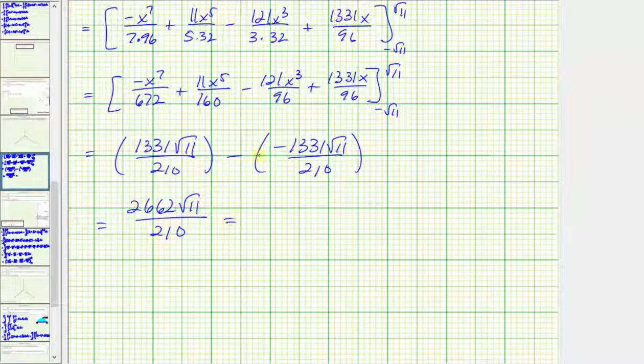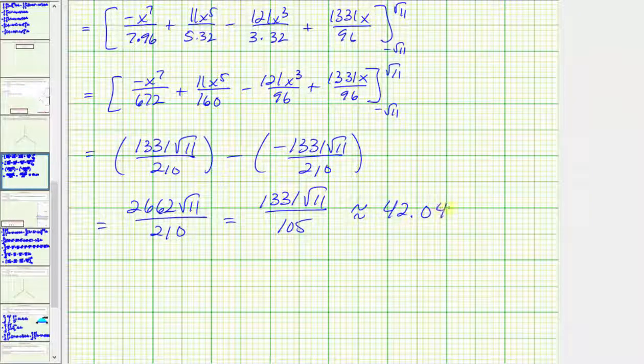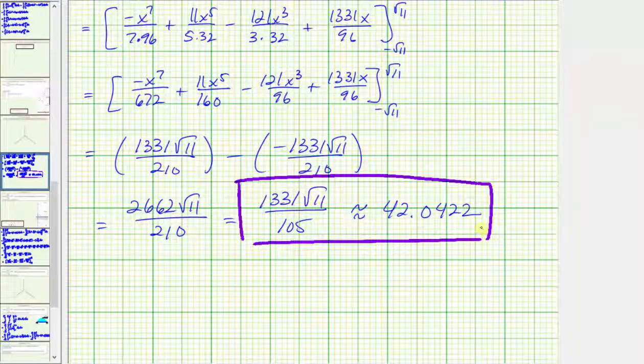This simplifies perfectly to 1,331 square root of 11 all divided by 105, which as a decimal is approximately 42.0422. So this would be the exact and approximate value of the triple integral. I hope you found this helpful.